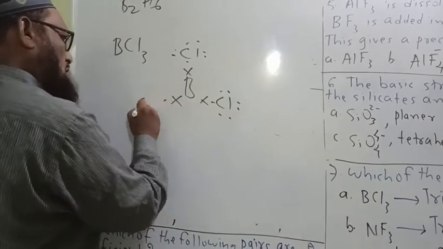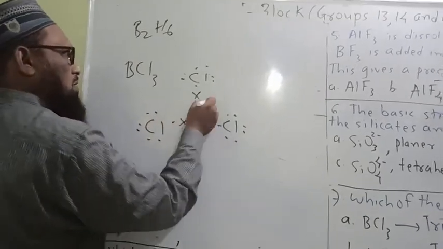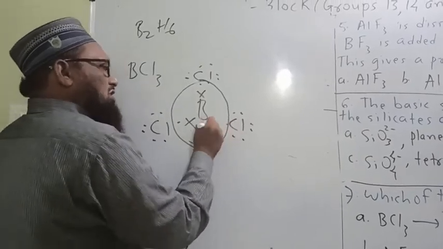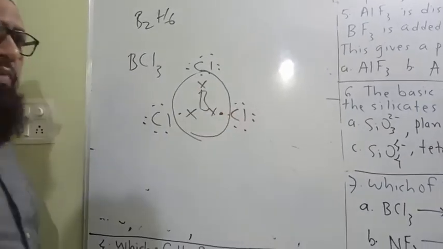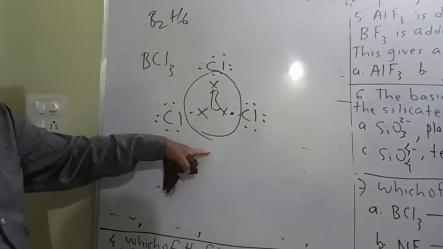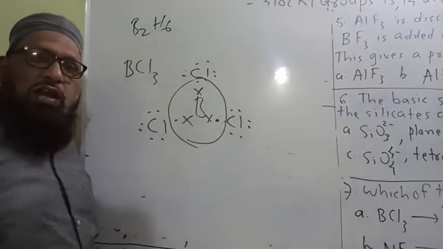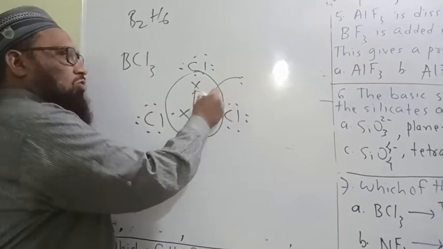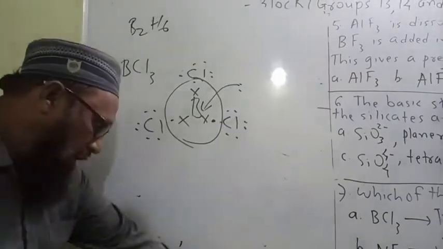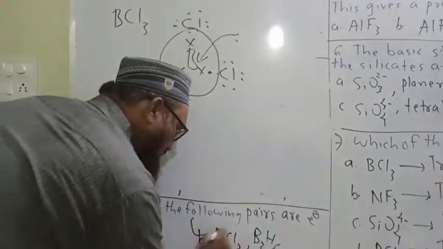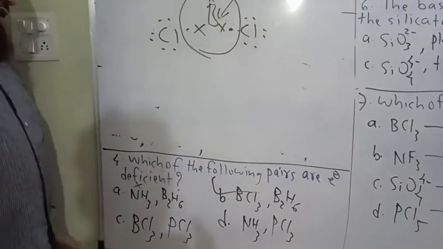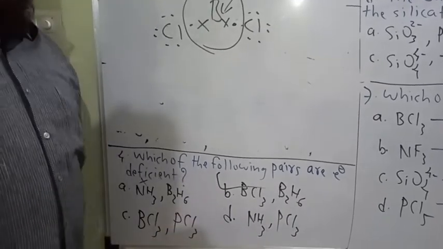Now look here. This is the structure of BCl3, in which the central atom boron is surrounded by just 6 electrons, octet incomplete, and to complete its octet it has a tendency to accept a pair of electrons. It is electron deficient. This is the pair: BCl3 and B2H6 are electron deficient. B is the correct option.